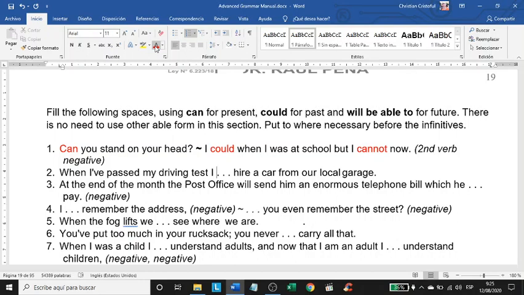Okay, so I can hire is present, not future. I could hire is past, not future. I will be able to is future. So when I have passed my driving test, I will be able to hire a car from our local garage. That makes sense.